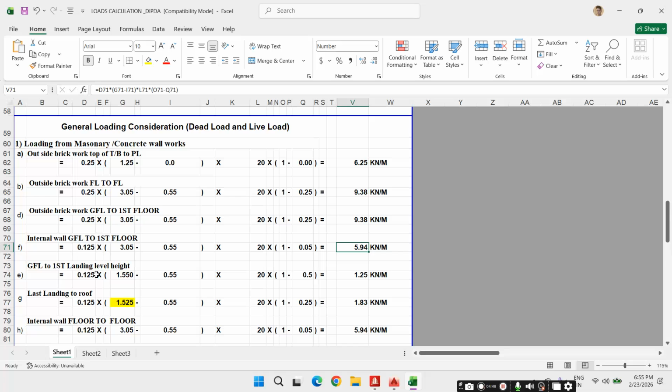GFL to first landing is actually 1.55, the half of 3.05, minus the beam thickness 0.55, and into 1.25, and 20 is the unit weight of brickwork, that is 50% opening, so it is 0.5, so it is 1.25.